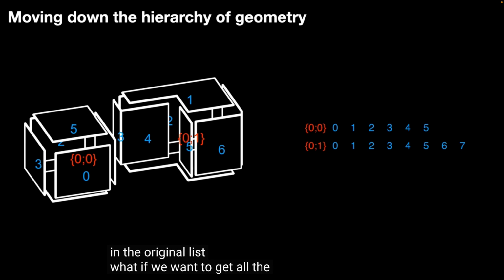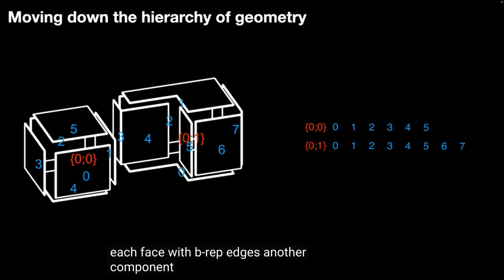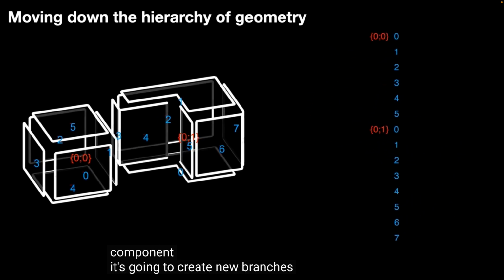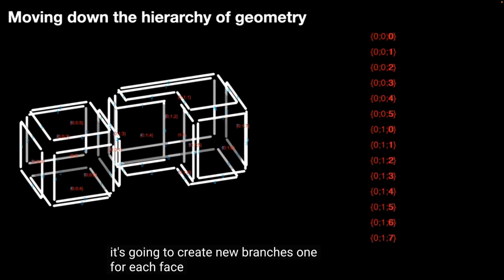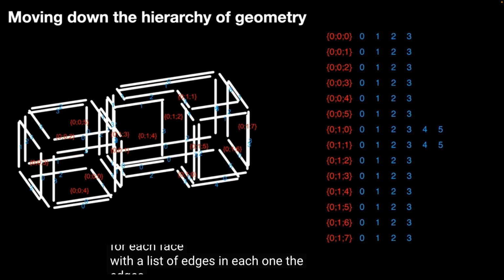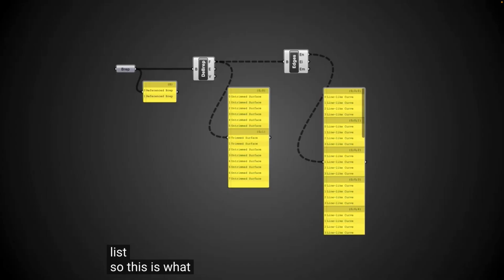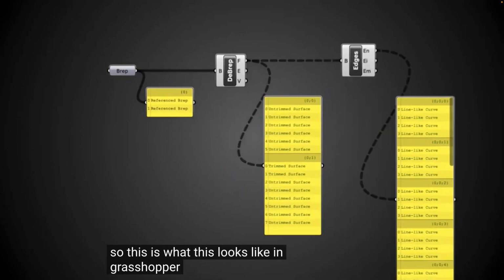What if we want to get all the edges of each face with BREP edges, another component? It's going to create new branches, one for each face, with a list of edges in each one. The edges at branch 0,1,3 came from the face at index 3 on the BREP at index 1 in the original list.